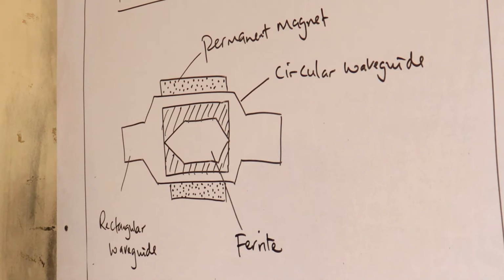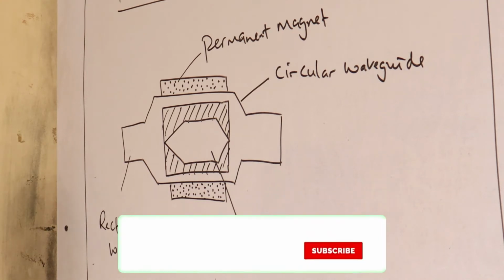So the transmission is such that this device allows transmission in one direction, and in the reverse direction it creates what we refer to as high impedance or high attenuation, so that the signal can't flow in the reverse direction.